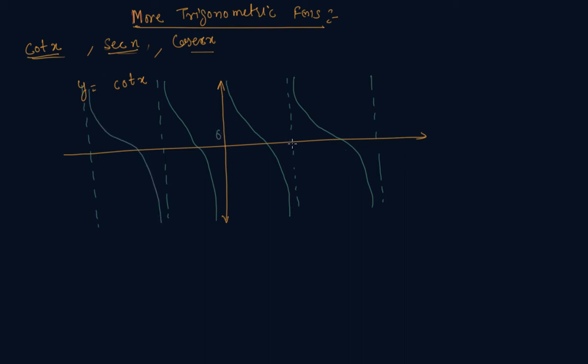This is 0, this is pi, 2 pi, pi by 2, 3 pi by 2, minus pi by 2, minus pi, minus 3 pi by 2, minus 2 pi.